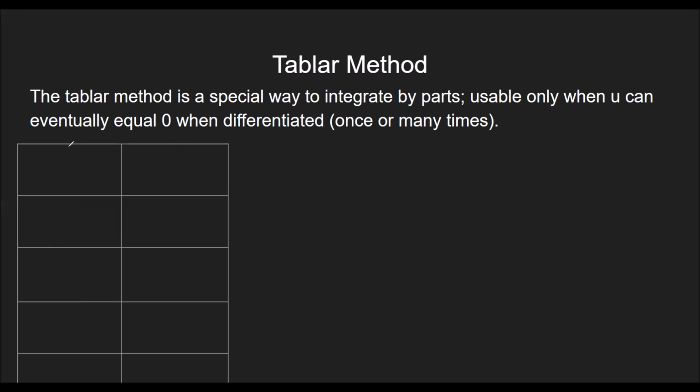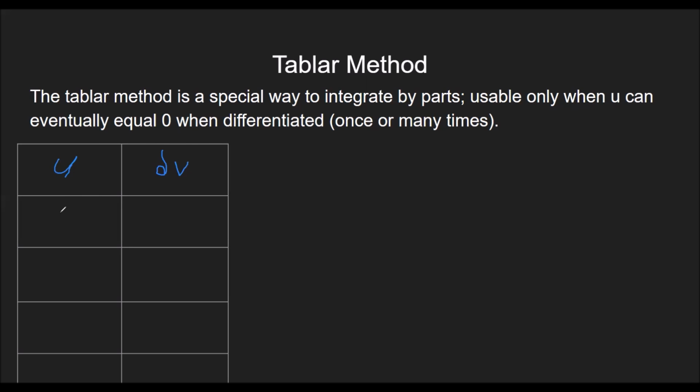I start off by making a grid and putting u in the leftmost column and dv in the rightmost column. Now let's say that for the sake of this example, after u is differentiated twice, it is equal to 0. So u double prime is equal to 0. So we're going to start off by differentiating the leftmost column until u or any of its derivatives are equal to 0.